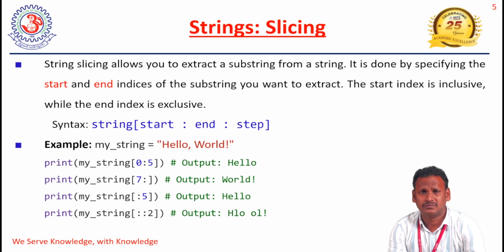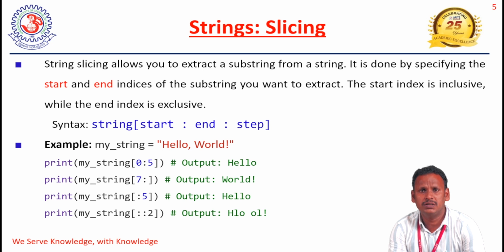One more point you have to remember: in the slicing syntax, start, end, and step size are all optional. It is not mandatory. In the second statement, I am trying to print my_string[7:], where I am not giving the ending index. So it will start at index 7 and end at the last character.